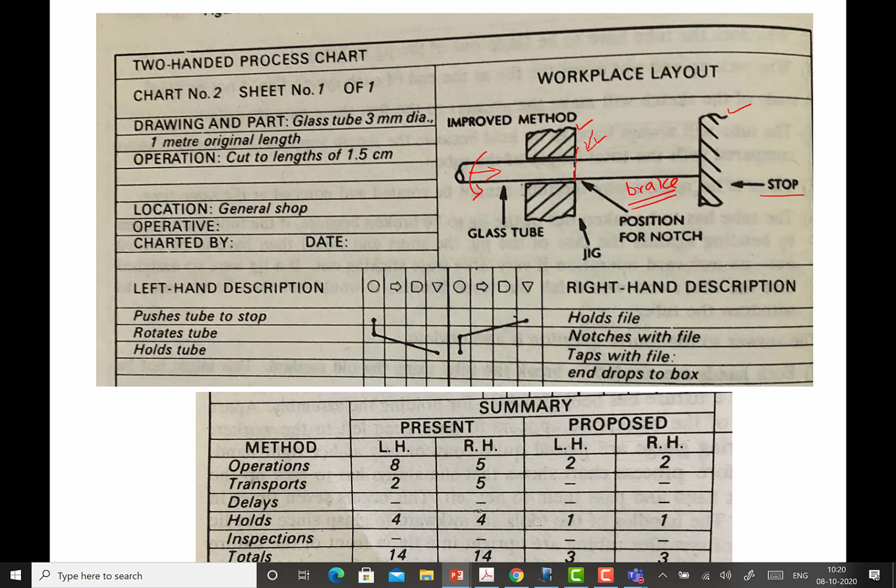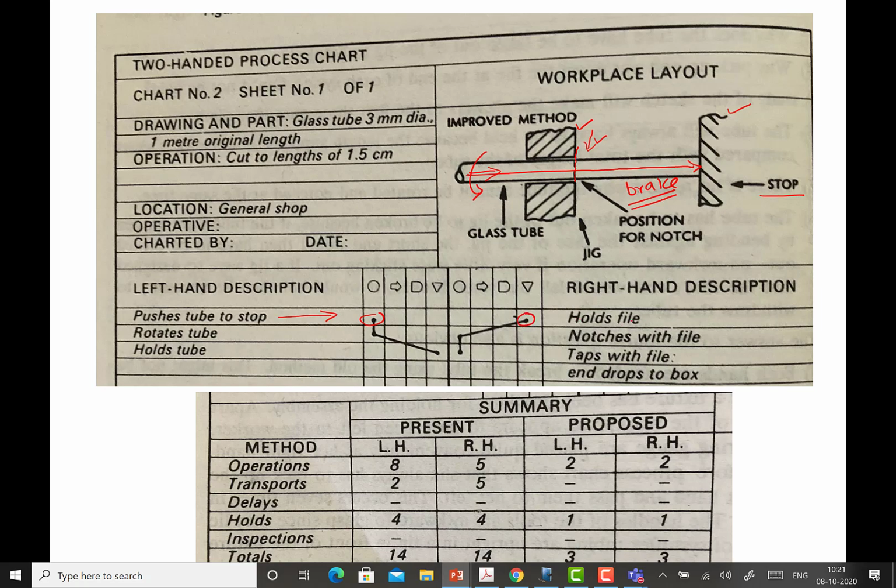What the left hand is doing: it pushes the tube to the stop. First the tube is inserted and stopped against it. At this stage the file is held in the right hand.